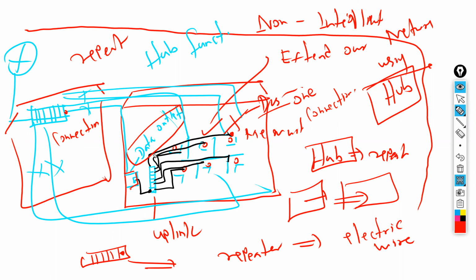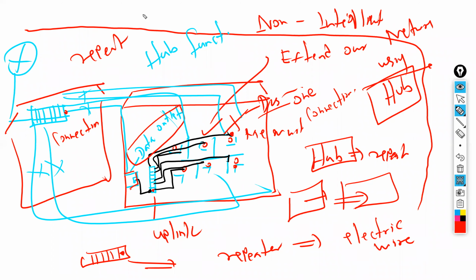So the hub can't select that this data should go only to this particular port. Even if the signal is for one port, the hub will repeatedly send it to that particular port as well. So then it will be slow.